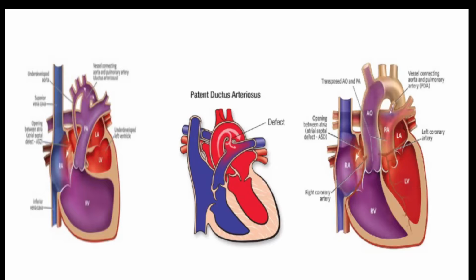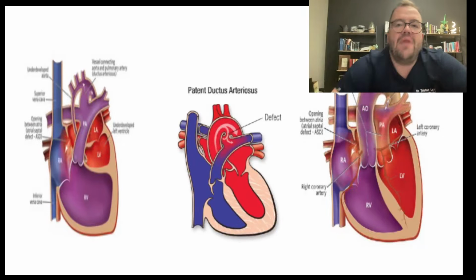And as you can see, basically what that means is that deoxygenated blood is draining into the left atrium. So deoxygenated blood is going into the left atrium. And then on this side, we have transposition of the aorta and the pulmonary artery. And that means that systemic blood is deoxygenated and blood going to the lungs is oxygenated.